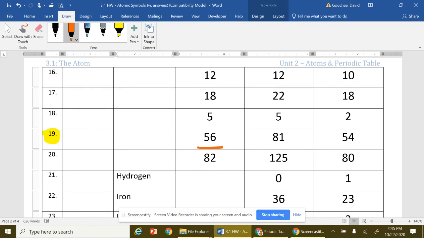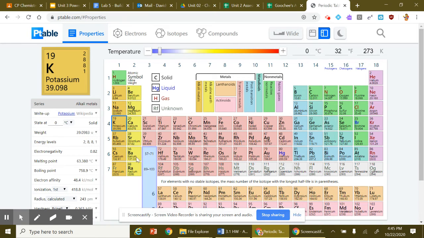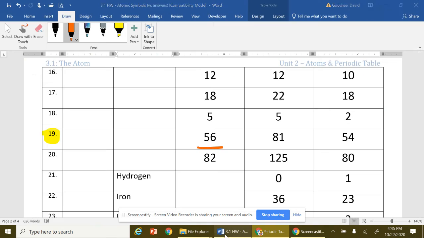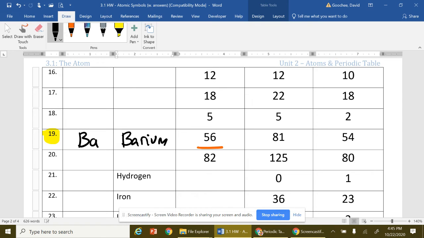This atom has 56 protons, and so it is element number 56 on the periodic table. If I pull it up, element 56 is barium. So this is barium. And I might as well just put in here that the symbol is Ba.